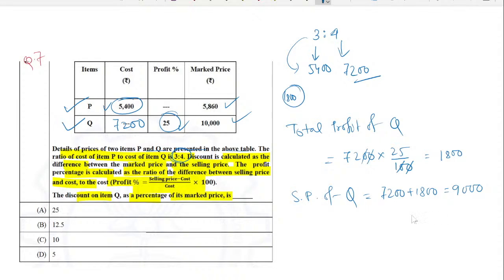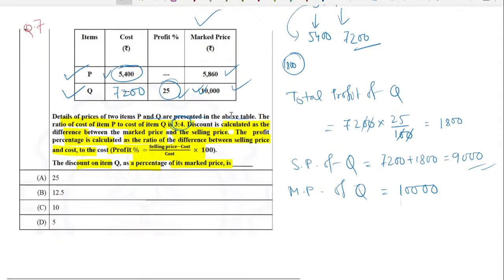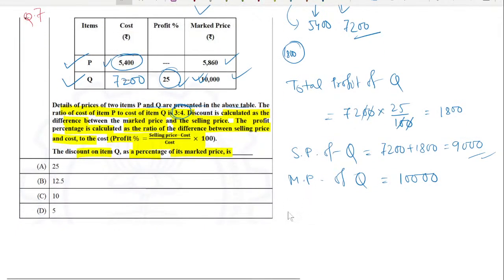The 9000 is the selling price of Q, and the mark price of Q is given as 10,000. So now the discount: discount is equal to selling price minus mark price by marked price.